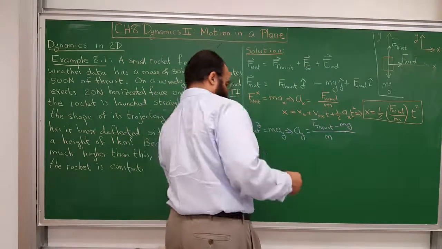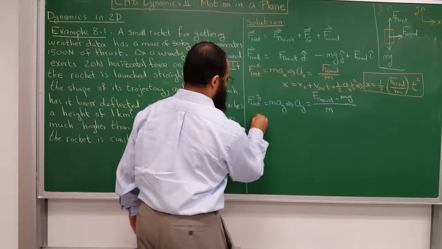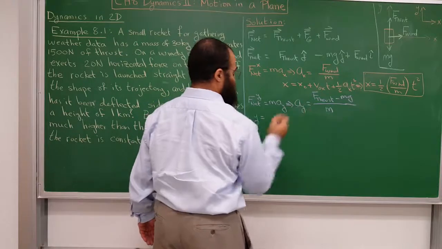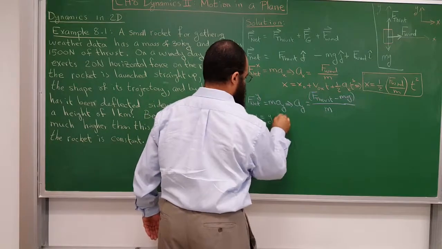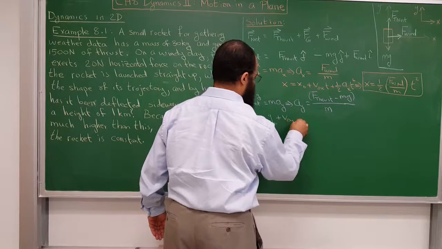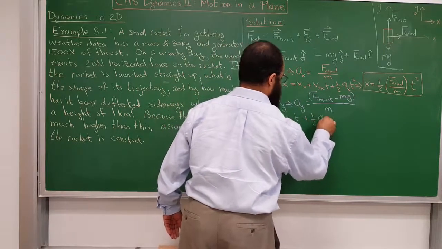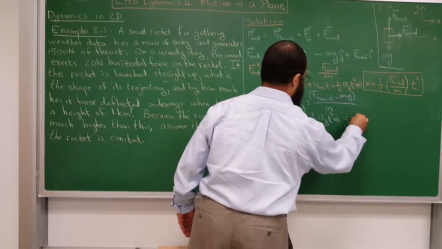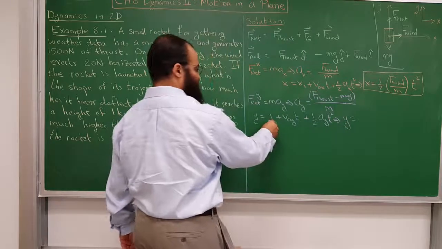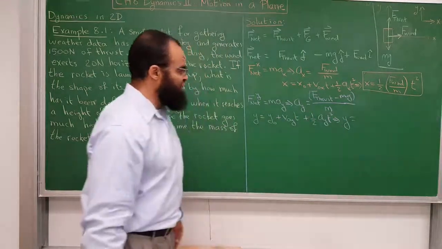And so we can write that y, this is motion at constant acceleration again. So y will equal y initial plus v initial in the y direction times the time plus 1/2 of the acceleration in the y direction times the time squared. The initial position in the y direction was 0, and the initial velocity is 0 because it started from rest.